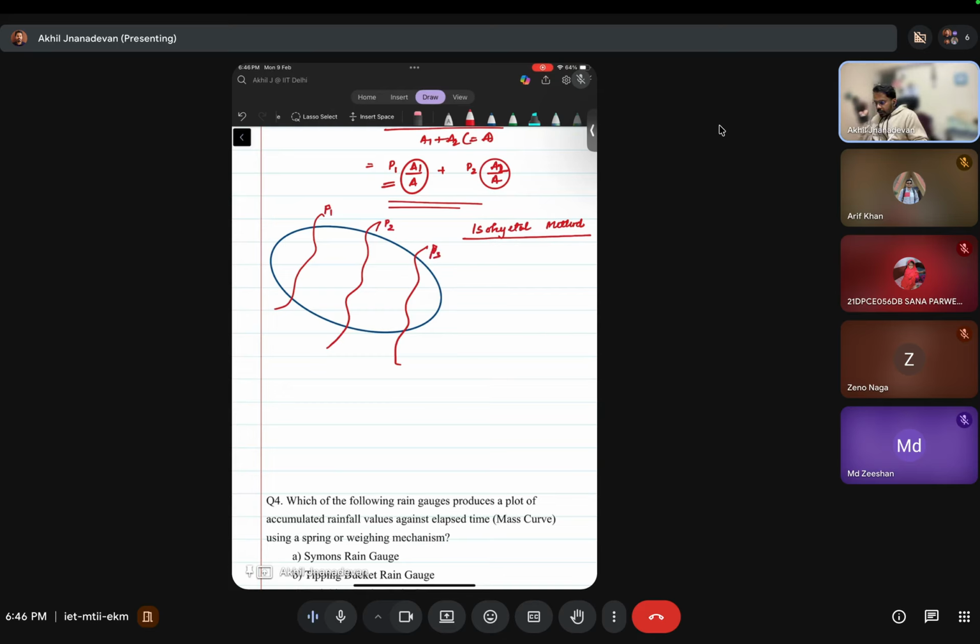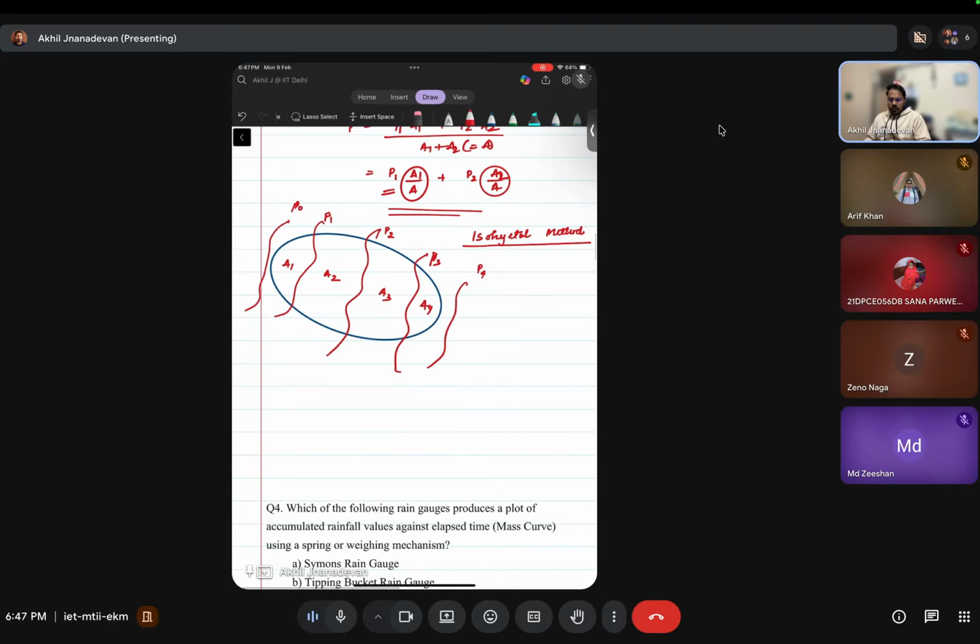We have areas within these lines, A1, A2. If we make the contour map, there are different geospatial techniques we can use to calculate these areas. Within here there may be another value, P4, or P0 as I am calling it. This is the area of our interest.